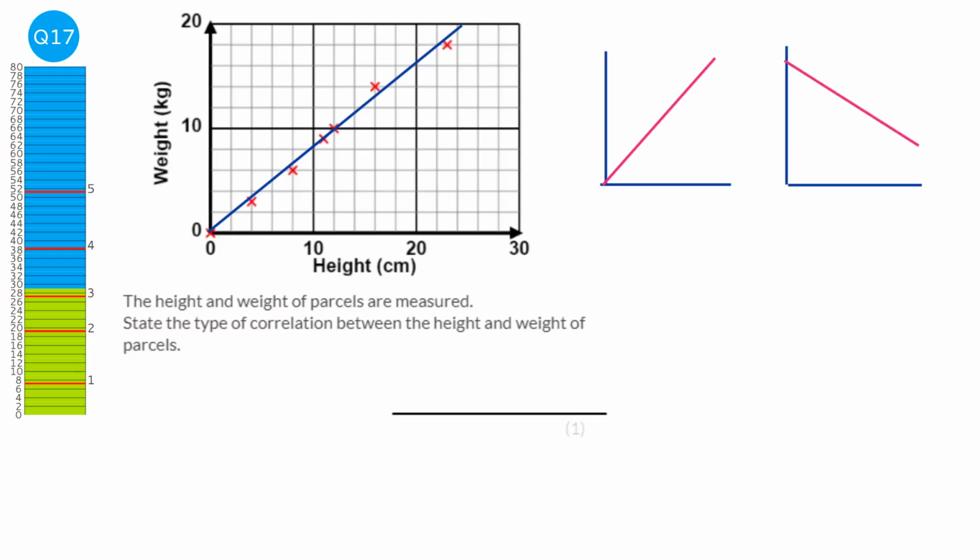So positive if it's going up, which this one is, so it's a positive correlation. And if it's going down, then it's a negative correlation. If the data is all over the place, where you've got the points everywhere, we say that's no correlation.